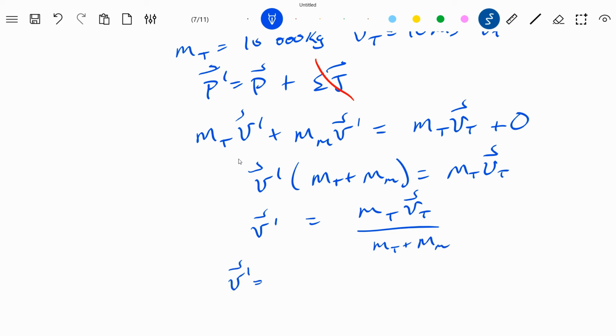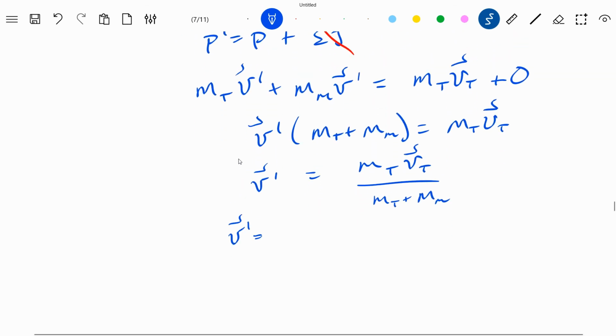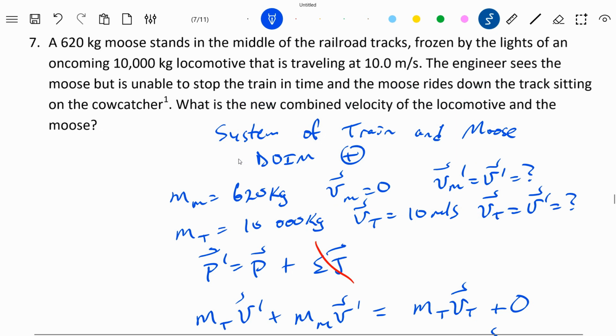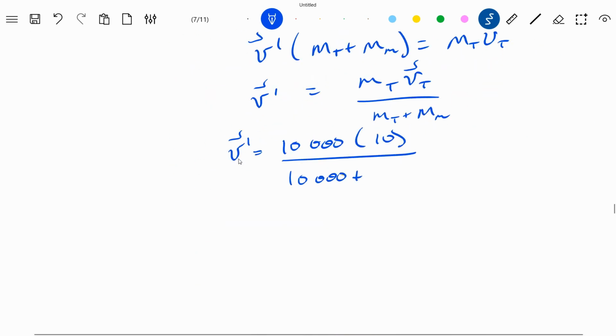V prime equal to, so this is the thing I was asked to find, mass of the train, 10,000, velocity was moving at, I think, 10, all of which is over the mass of the train again, 10,000, but this time adding in that little extra for the moose, which was 620.